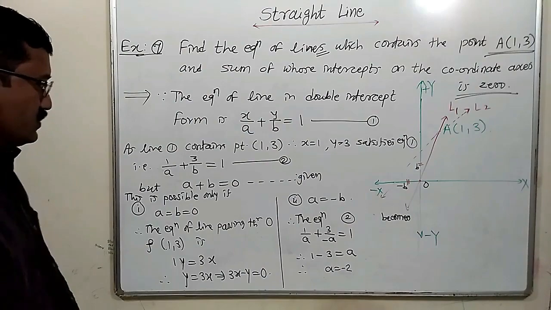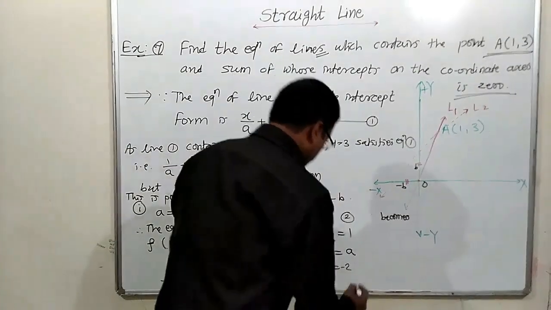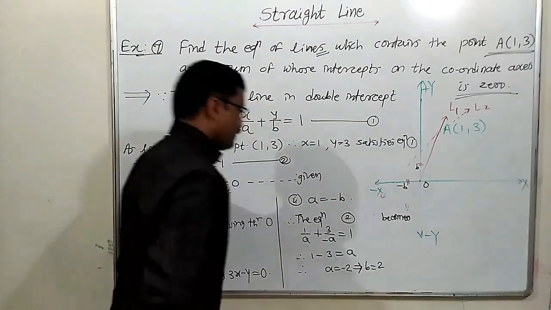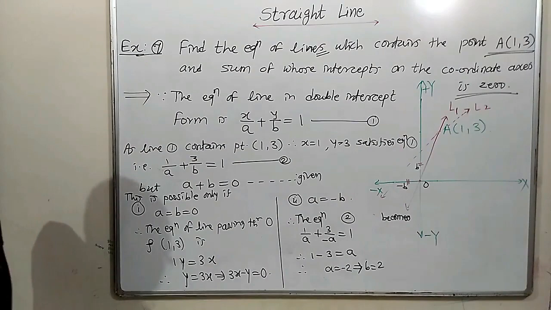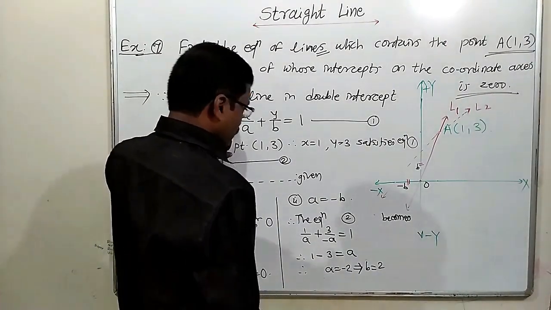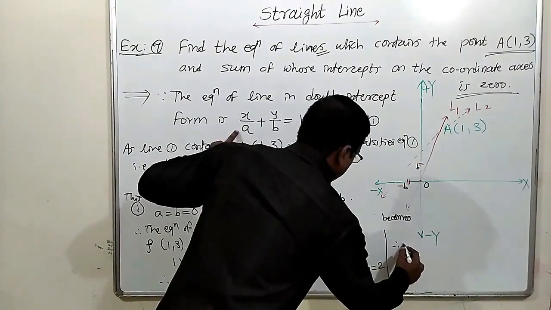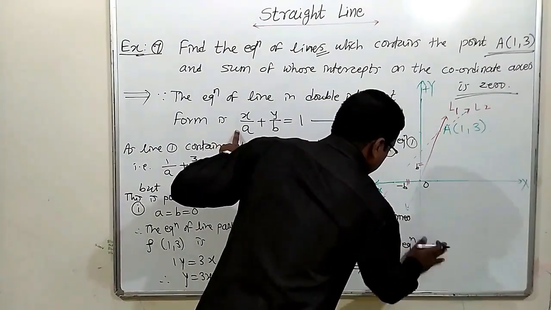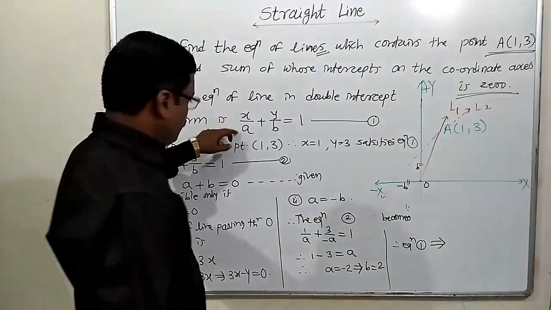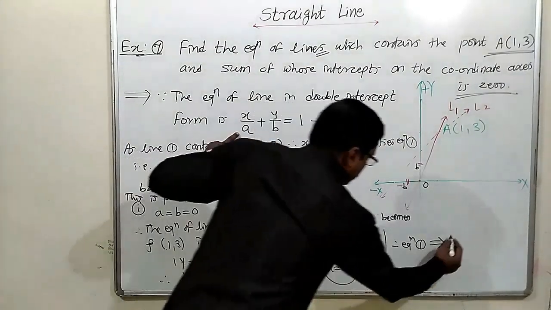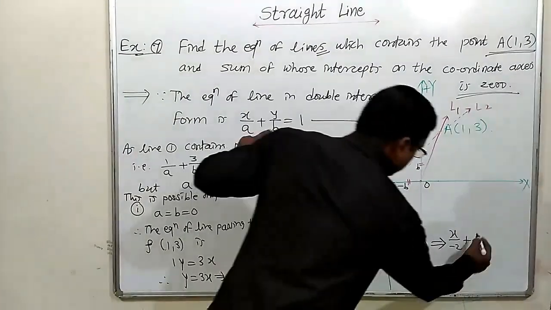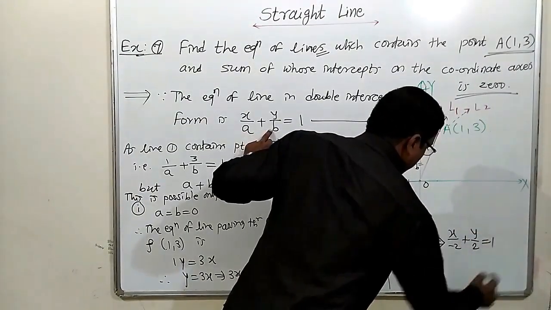Now put a equal to minus 2. A equal to minus 2 implies b is equal to plus 2. If a is equal to minus 2, we get b is equal to plus 2. Use those values here. We get once again, equation 1 implies x upon minus 2 plus y upon b, that is 2, and it is equal to 1.